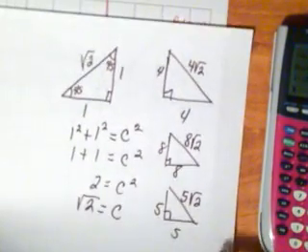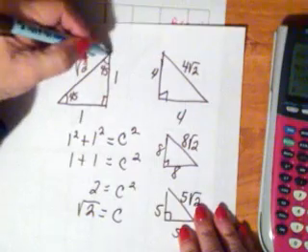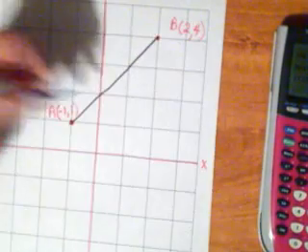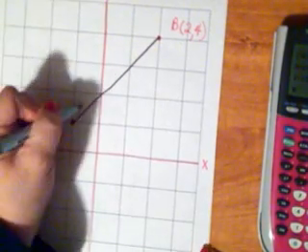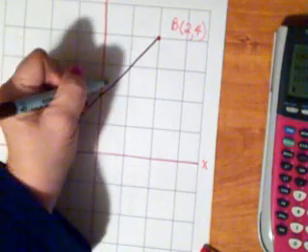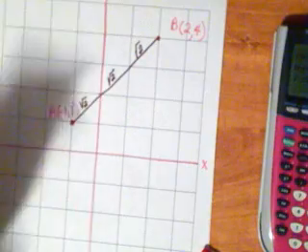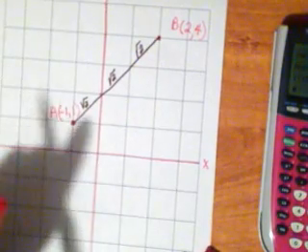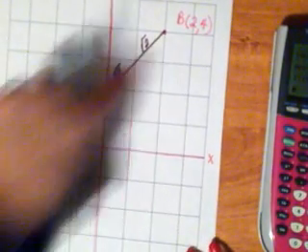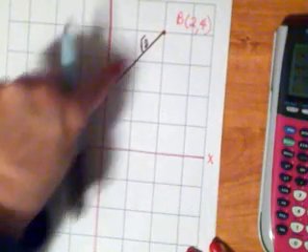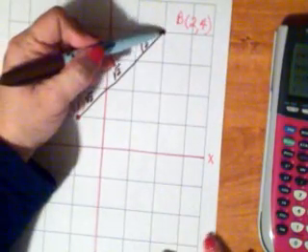Okay, so the distance from this point to this point on the diagonal then is the square root of 2. So that's the square root of 2, and that's also the square root of 2. So that's telling me that the distance of that line right there would be 3 square root of 2. Now think about this.